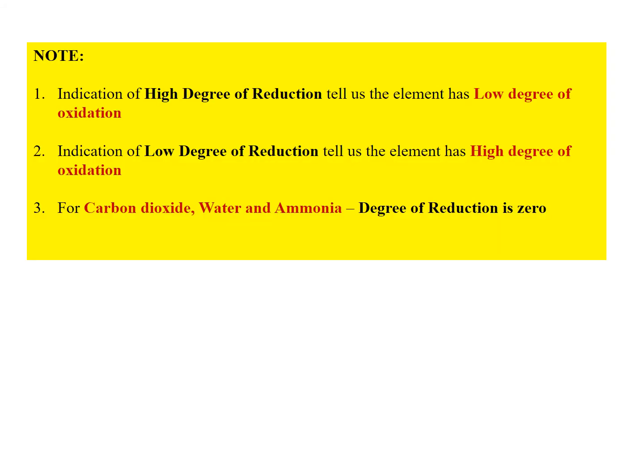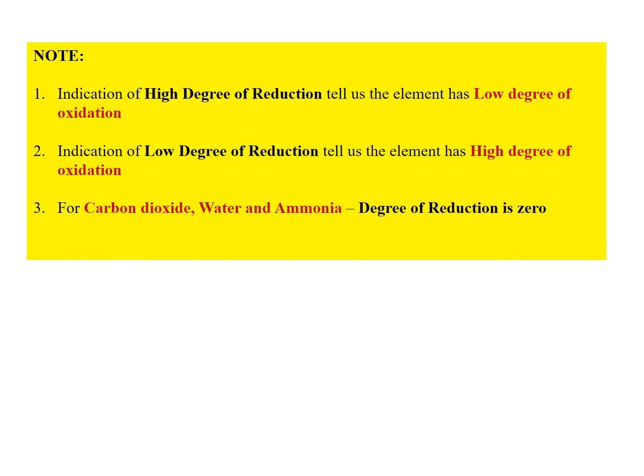While calculating the degree of reduction, we will get some values. This value will tell us whether the compound has a high degree of reduction or a low degree of reduction, and based on that we can say whether the particular compound has a high degree of oxidation or a low degree of oxidation.